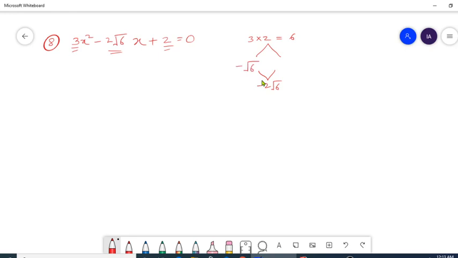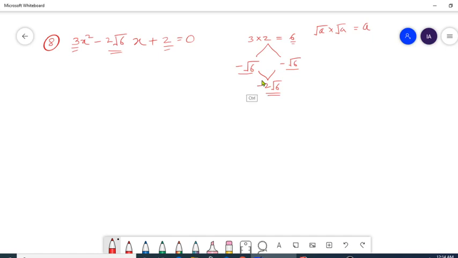When you multiply, we have already studied this rule that root a into root a is equal to a. In the same way, root 6 into root 6 will give you 6. So on multiplying these two, you will get positive 6, and when you add them, this is 1 root 6 and this is 1 root 6, minus and minus, so on adding you will get minus 2 root 6.